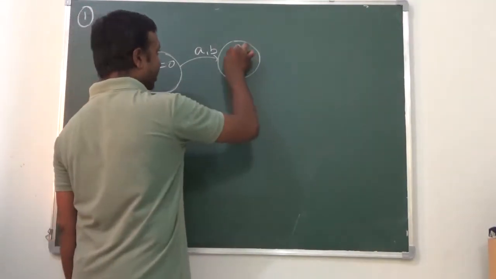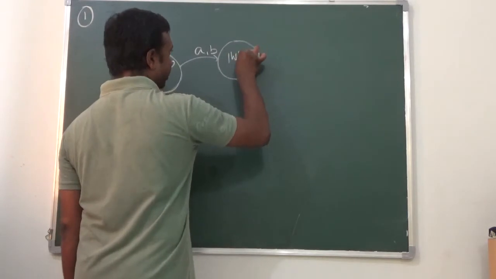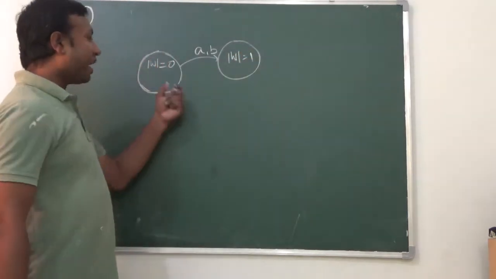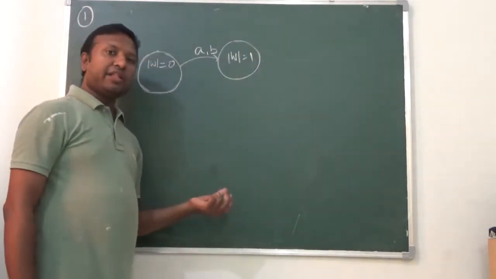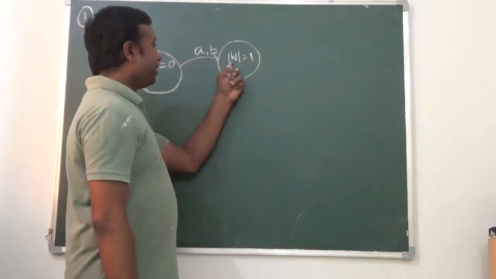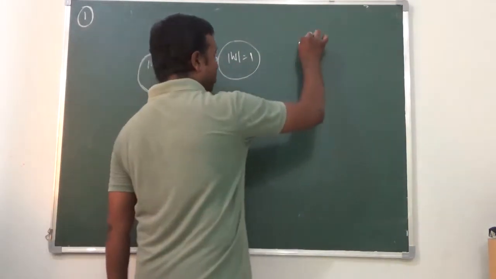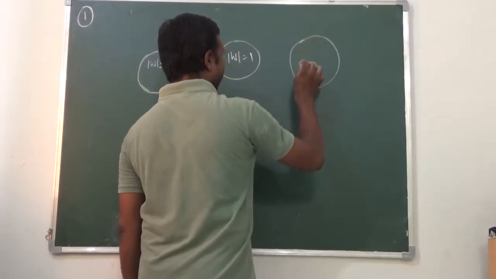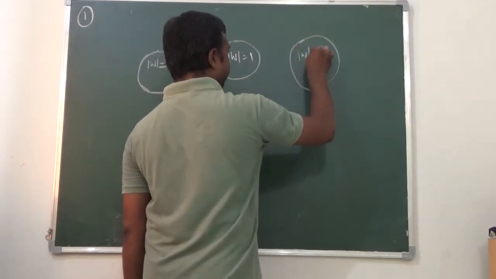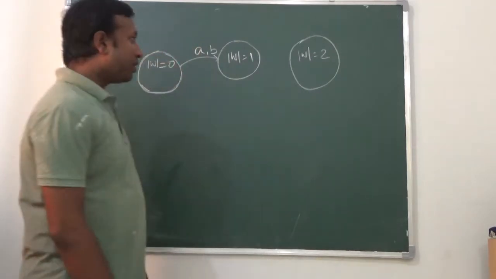This state is saying length of W is equal to 1. If you have seen a single A or single B, the length is 1. Now this state represents length of W equal to 2, right?